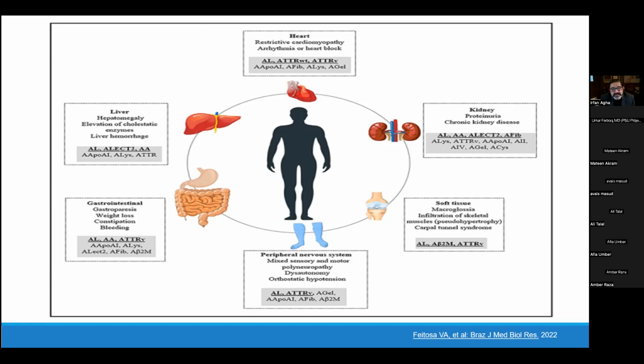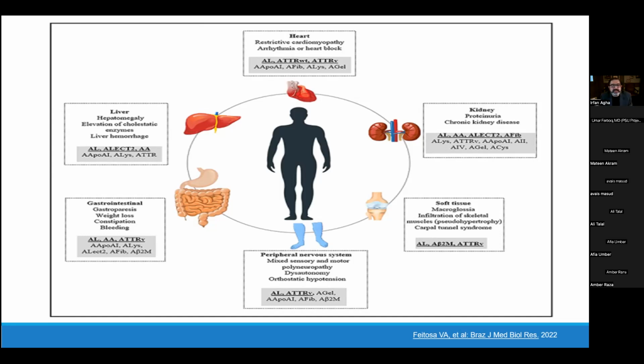So an index of suspicion needs to be maintained when you see somebody with proteinuria and chronic kidney disease, when you see somebody with cardiomyopathy, when you see somebody with hepatomegaly and you can't figure out why this is going on. There are some GI issues that can be there, mononeuritis multiplex, polyneuropathy, et cetera. So those are the circumstances where you start thinking about it.